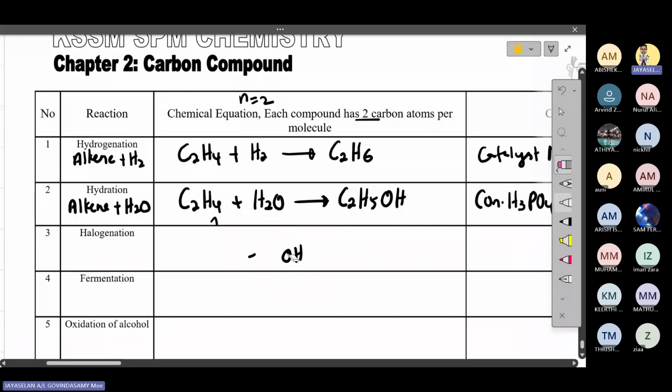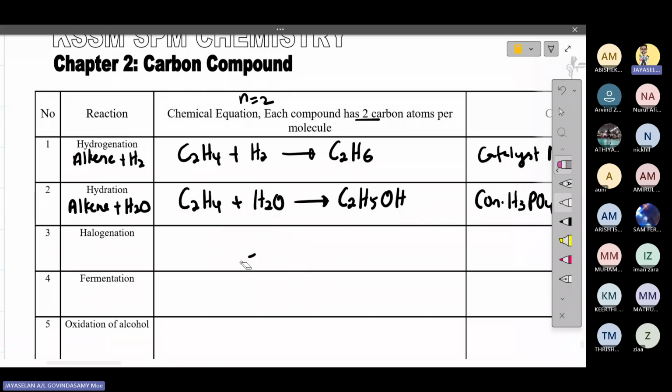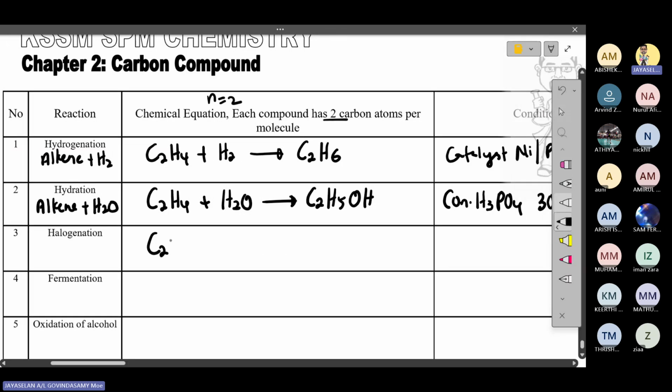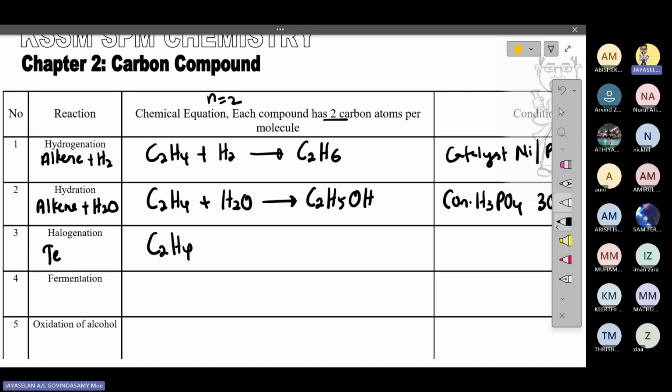Number 3, halogenation, no condition. But this is very famous and always comes out in exams, the observation. We take C2H4, ethene gas. They always ask you to describe the test for alkene. Ethene reacted with bromine, brown solution.